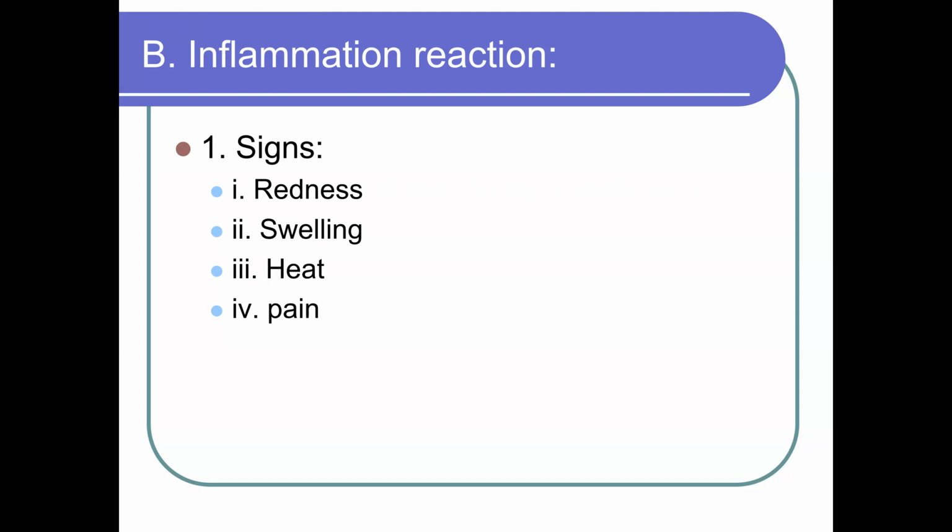Heat is due to the increased blood flow, and pain is due to all that extra volume in that compartment. Then the free nerve endings start firing off, and so we can explain some of these signs and symptoms based on what occurs in these particular areas.